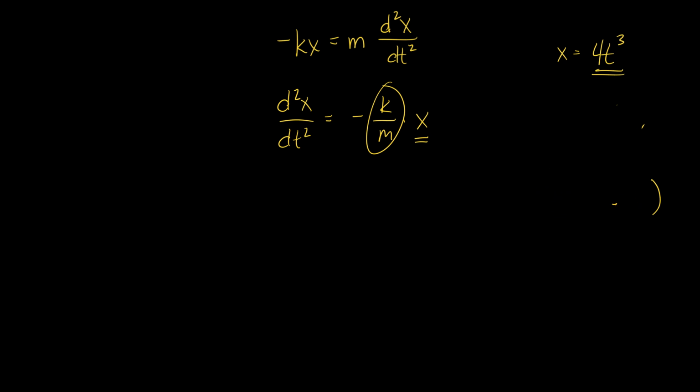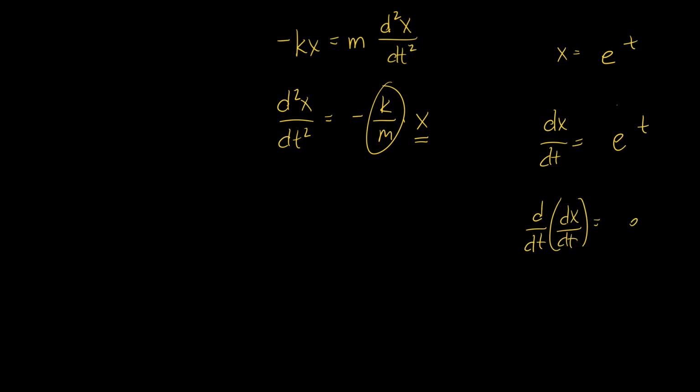Now, I don't want to do x because we're talking about t, so I'll take e to the t. So e to the t, and that means dx/dt will be, well, e to the t. And the second derivative of the position will be, well, e to the t.